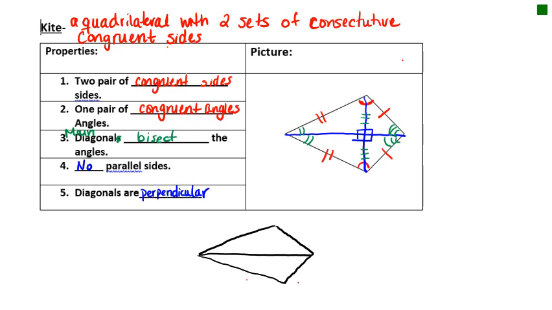Let's say they tell me that this angle is 27 degrees, and let's say they tell me this one is 40 degrees.